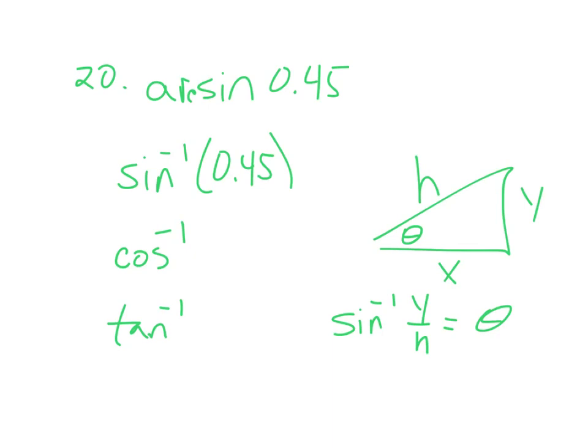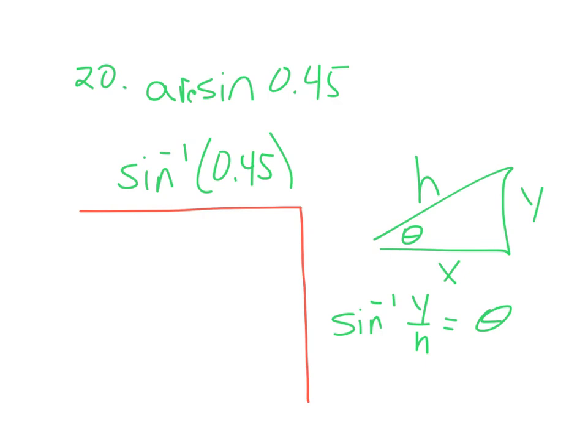So what you want to remember here is that inverses are flipping the x and y, and so what that means is that they reflect over the y equals x line.